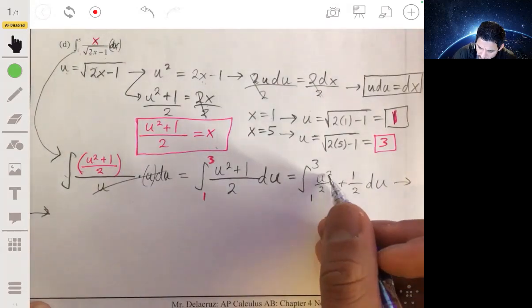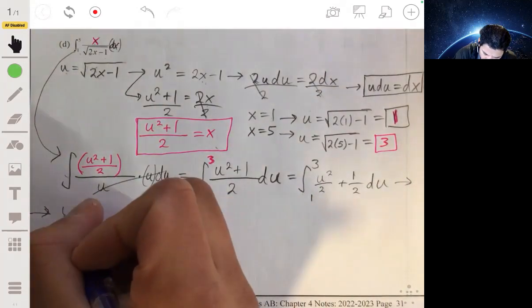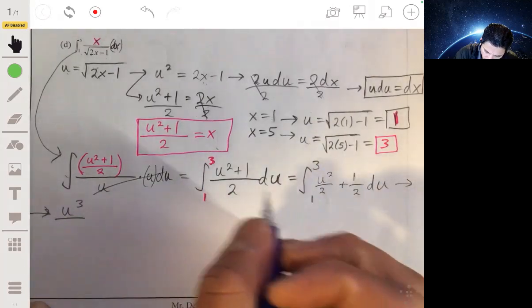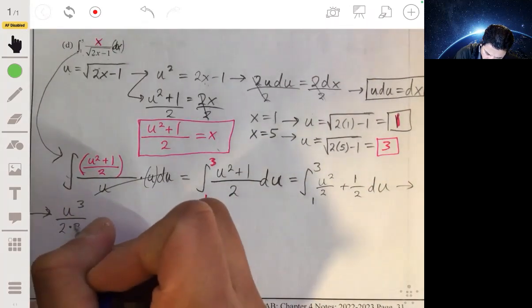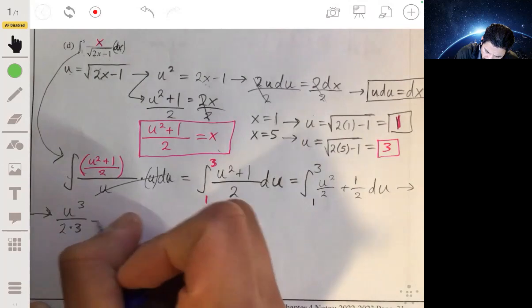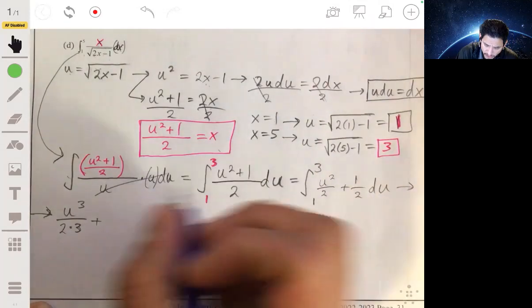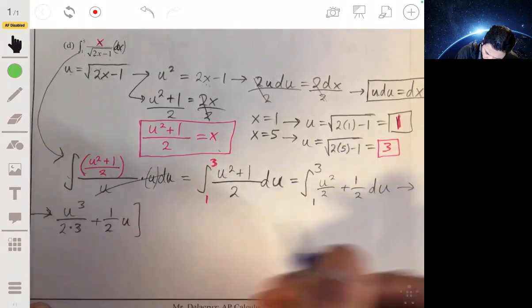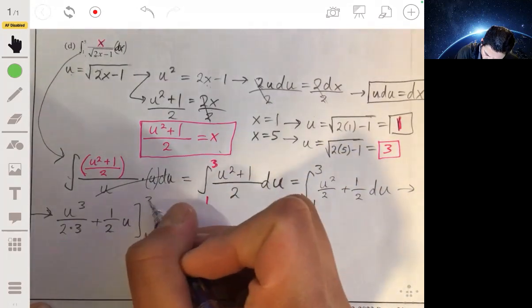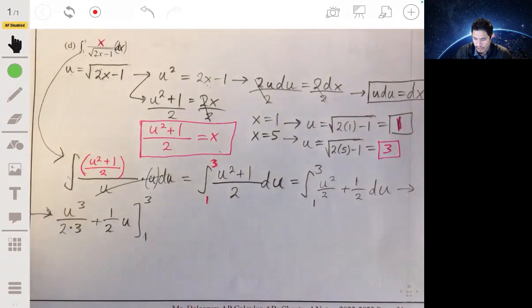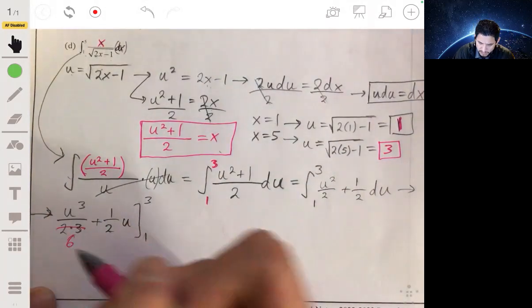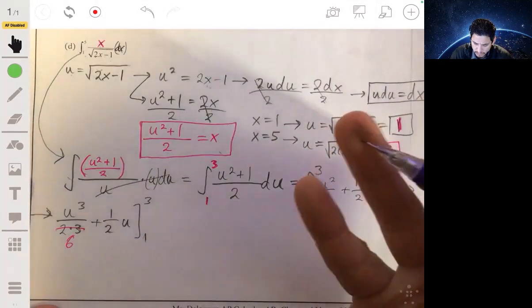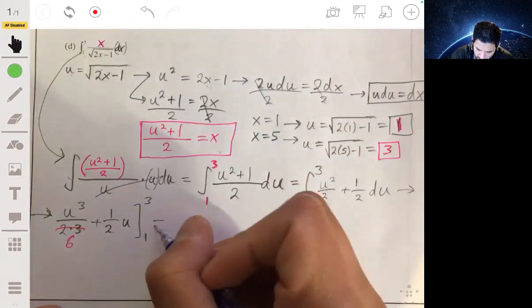So the antiderivative of u squared over 2 will just be u to the 3 over 2 times 3. And the antiderivative of 1/2 will just be 1/2 u. And we're going to integrate from 1 to 3. So this 2 times 3 just becomes a 6. So now we just evaluate this.